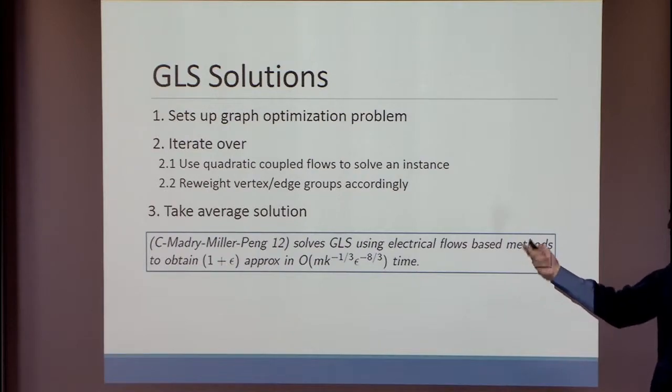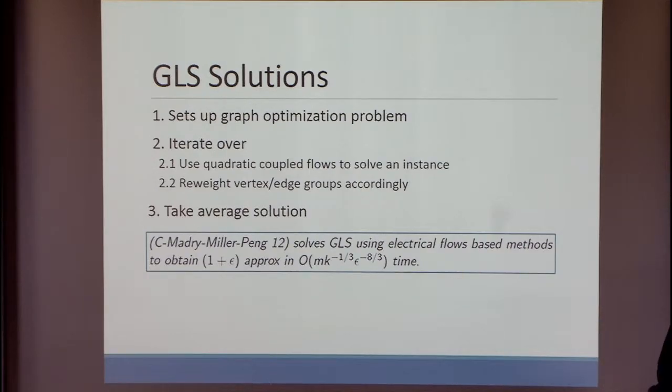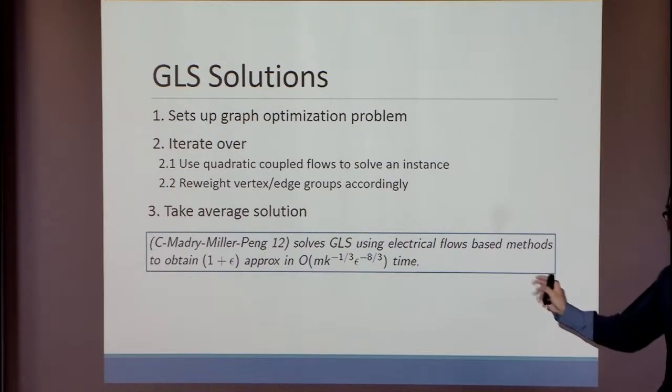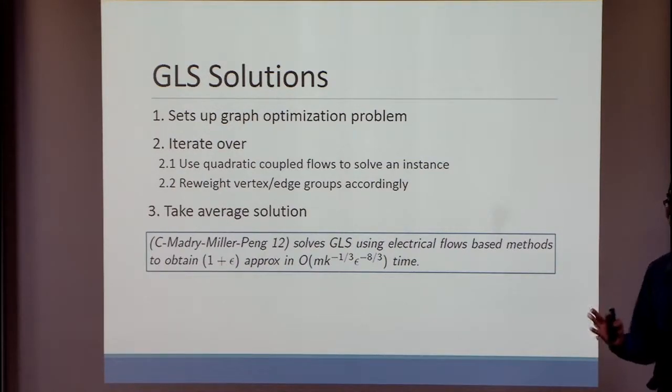This method converges. It was proven in a paper that we wrote in 2012 using electrical flows. We don't claim we have the fastest way of doing it, but doing it in this form, you have some neat applications we will show later.